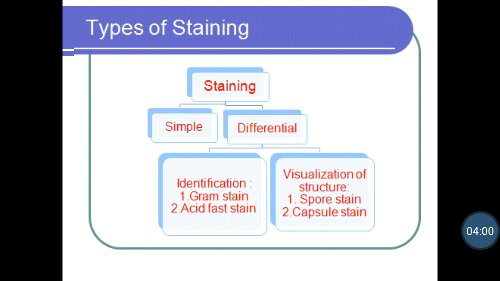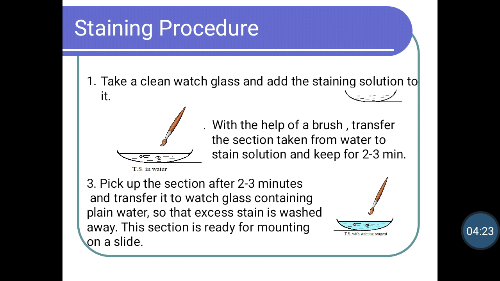Differential staining is again classified as for identification purpose and for visualization of structure. The first one, identification purpose, is again of two types: gram stain and acid fast stain, while the second one, for visualization of structure, includes spore stain and capsule stain.